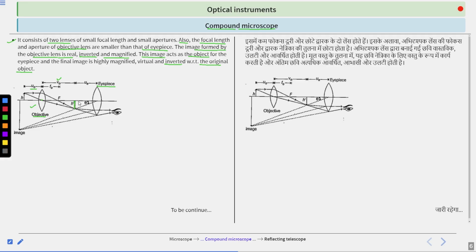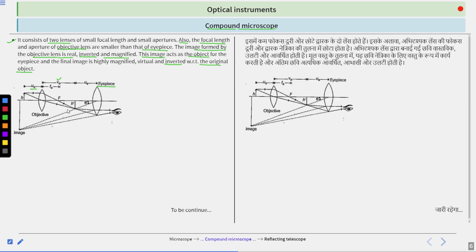Similarly, in the case of the eyepiece, ue is the object distance from the optical center, from this point to this point. Clear? And the image distance from the optical center is represented by ve. So this is the ray diagram.